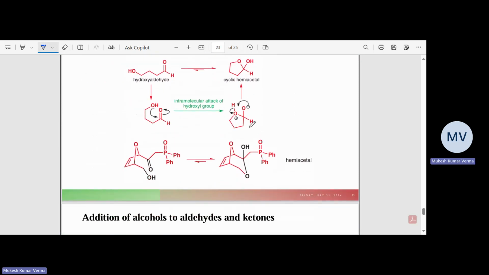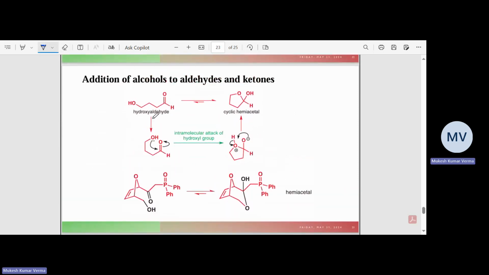Here are some examples of the addition of alcohol to aldehydes and ketones. In the first, an intramolecular reaction takes place, the attack of the oxygen on the aldehyde position to form a cyclic structure, and the final product is a hemiacetal.